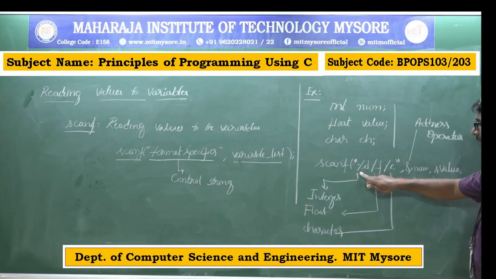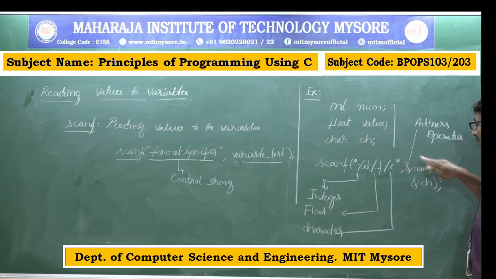The order in which you write the control strings, in the same order we need to write the variables. So here the control strings are %d, %f and %c, meaning integer, float, character. Then the variables must be of integer type, floating point type and character type.